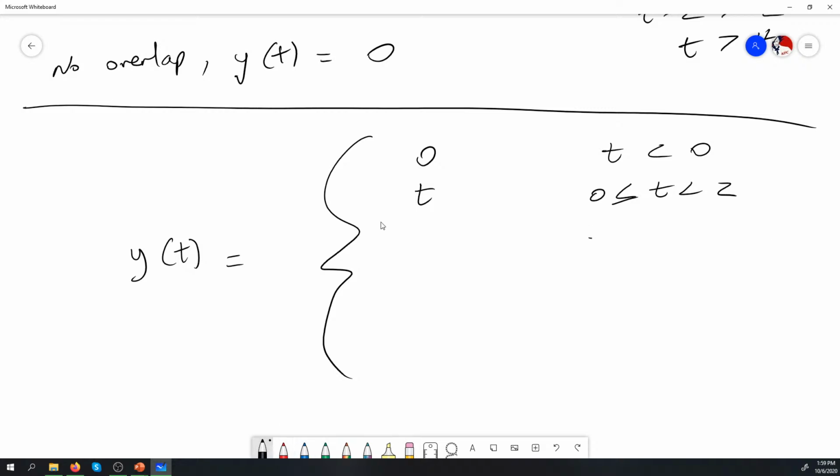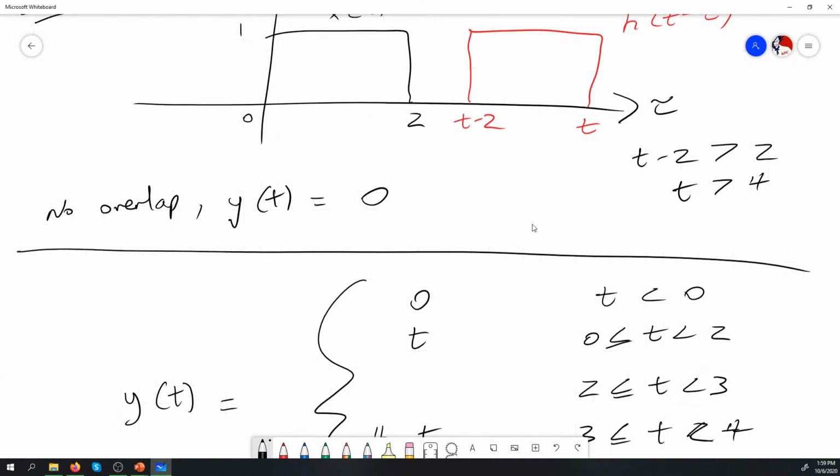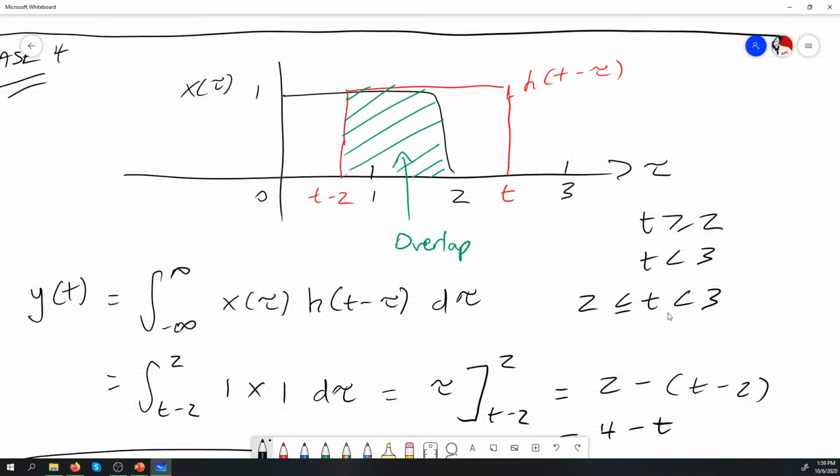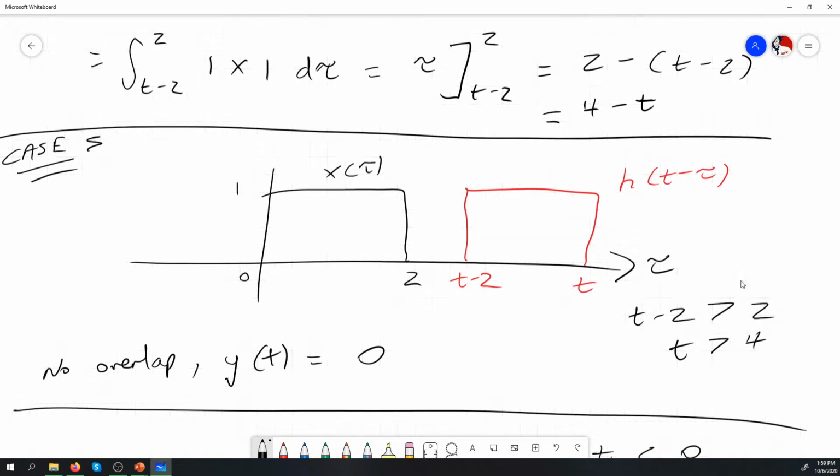Because we need to evaluate for 2 less than or equal to t less than 3, but we didn't actually get the resultant equation for this. So we had 4 minus t with 3 less than or equal to t less than 4. No, whoops, right here.